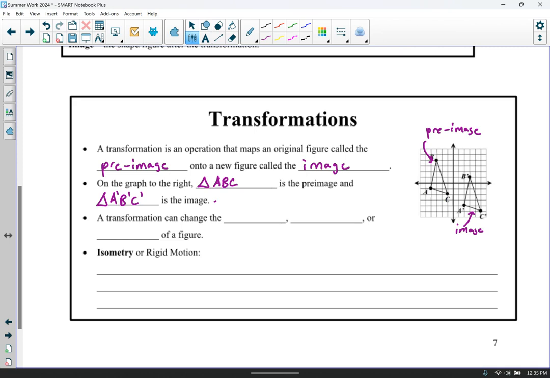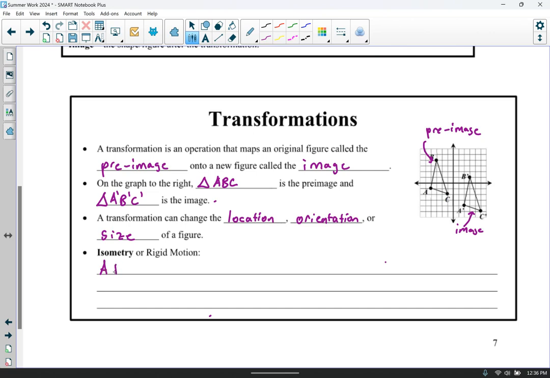A transformation can change the location, meaning the physical position, the orientation, so sort of how a shape's rotated, or the size of a figure. Then there's a special vocabulary word called an isometry or a rigid motion. That's a special group of transformations that preserve the size and the shape of a figure.